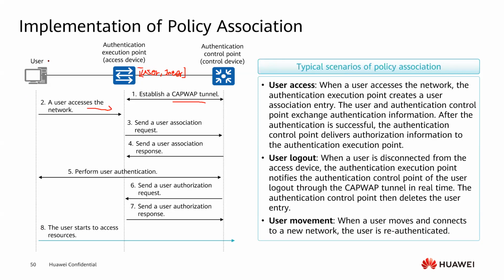Then the access devices will send the user association request to the authentication control device, a control point.